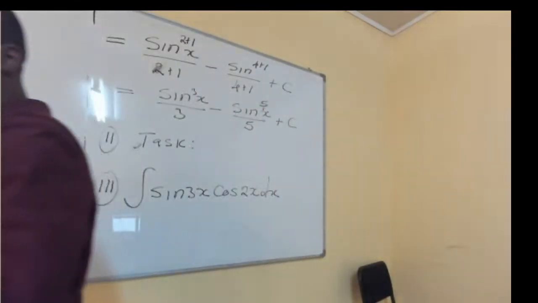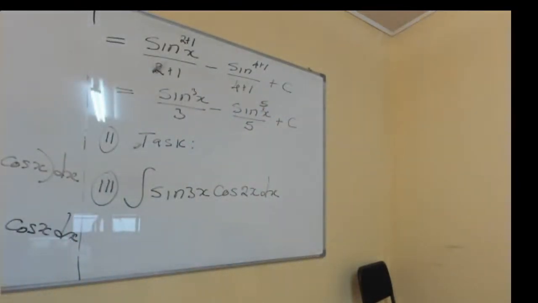This is also another part that I need to explain to you because it's very, very important. Maybe let me take you back to, can you remember the half angle formulas? The half angle formulas.